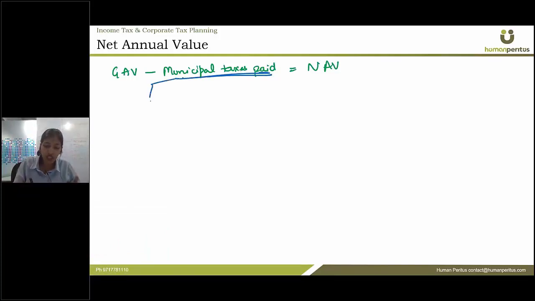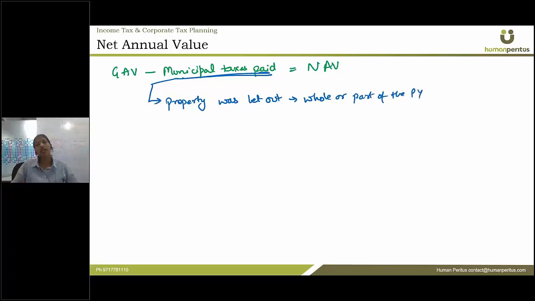We deduct municipal taxes if the property was let out for whole or part of the previous year. So if the SSC has let out the property for part of the previous year and he had paid the municipal taxes, then only he can claim the deduction of paying the municipal taxes.